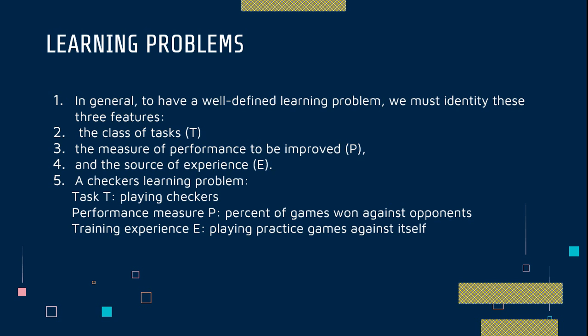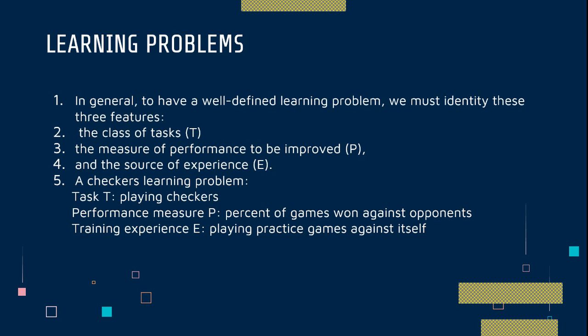Let us consider you want to make one AI-based game of chess. How do you decide how to develop the AI-based chess? The task here is playing chess, which we indicate by the T.